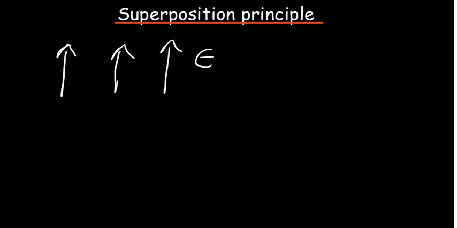Now let's take, for instance, two electric charges, a positive electric charge and a negative electric charge. Where do we expect these charges to go? A positive charge is going to follow where the electric field is going. So this one is supposed to move in that direction.